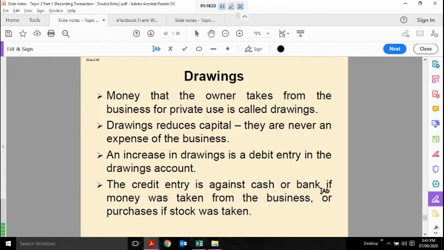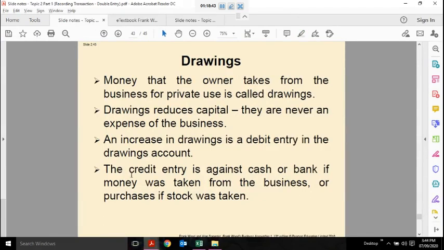Okay, if money was taken from the business or purchases, this one I would like to highlight. If let's say cash or bank, that is the credit entry. Okay, but if let's say they take from the stock, then you write as purchases lah. Because your purchase is in fact your inventory, right? So you should record it that way.